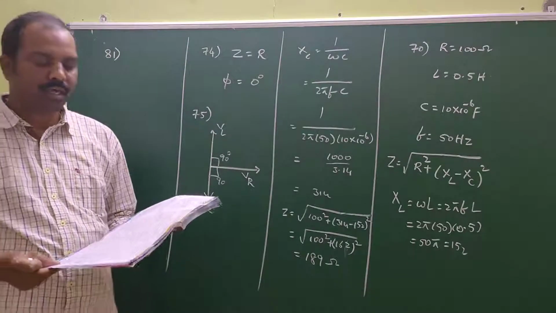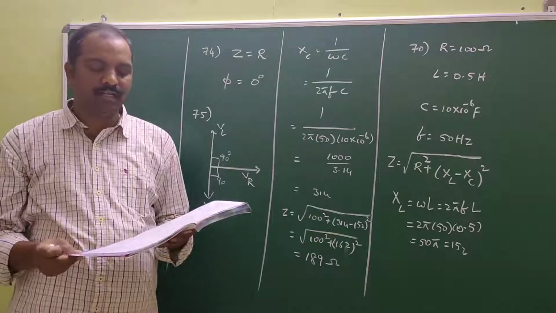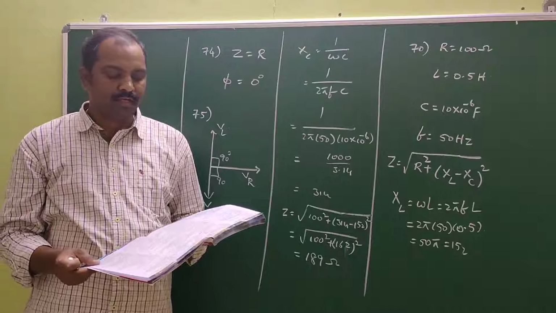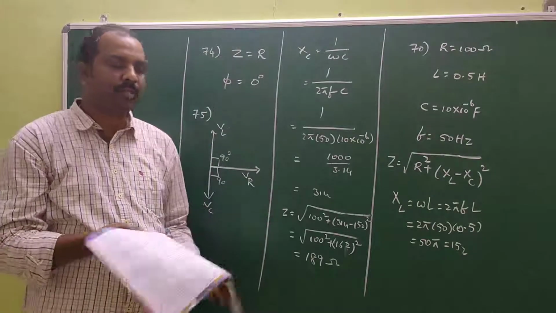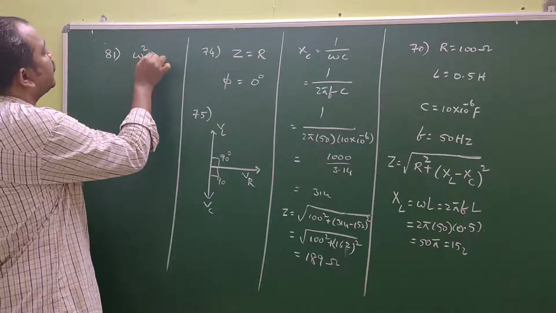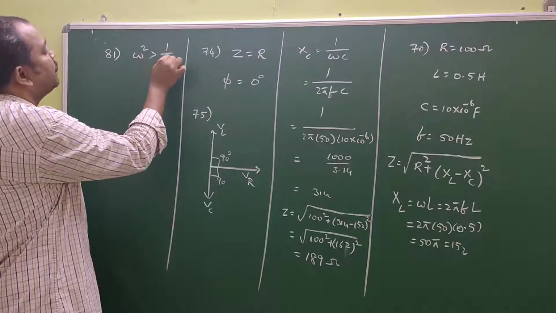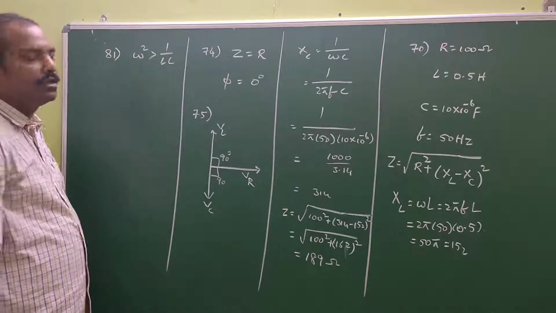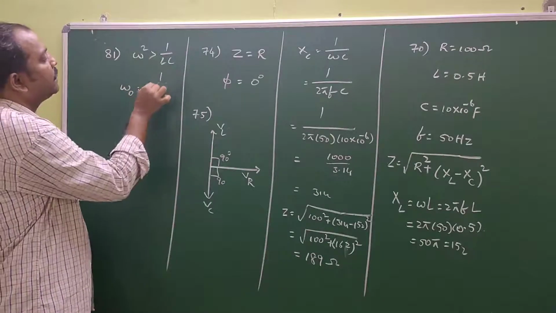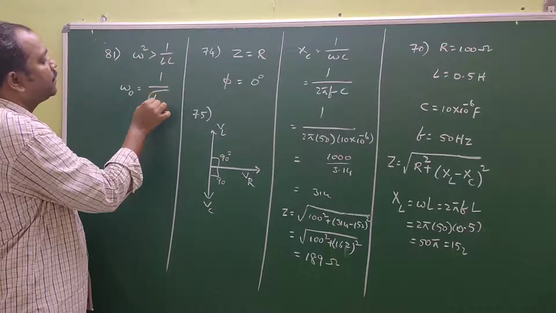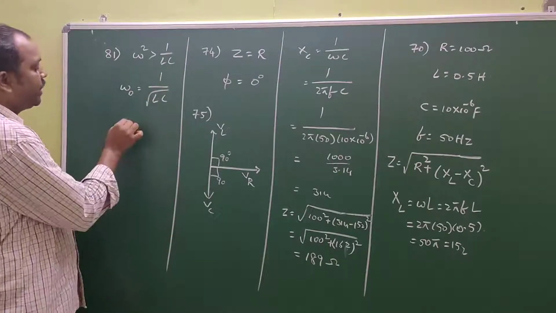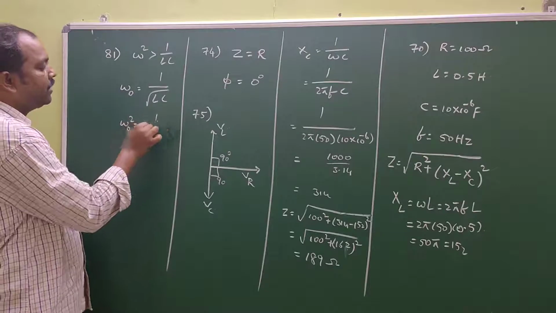If omega squared is greater than 1 by LC, then choose the correct option in the following. Here they mentioned angular frequency omega squared is greater than 1 by LC. If you calculate the resonance frequency, omega naught is equal to the square root of 1 by LC, or omega squared is equal to 1 by LC.